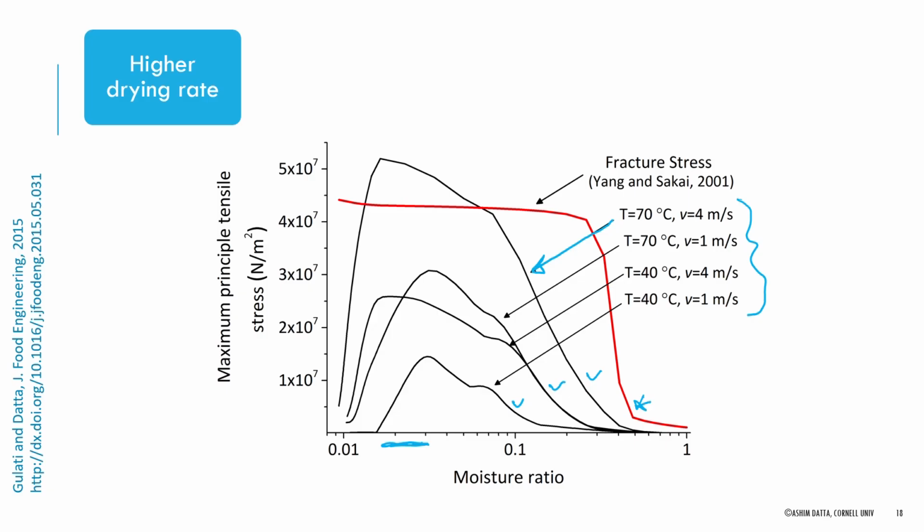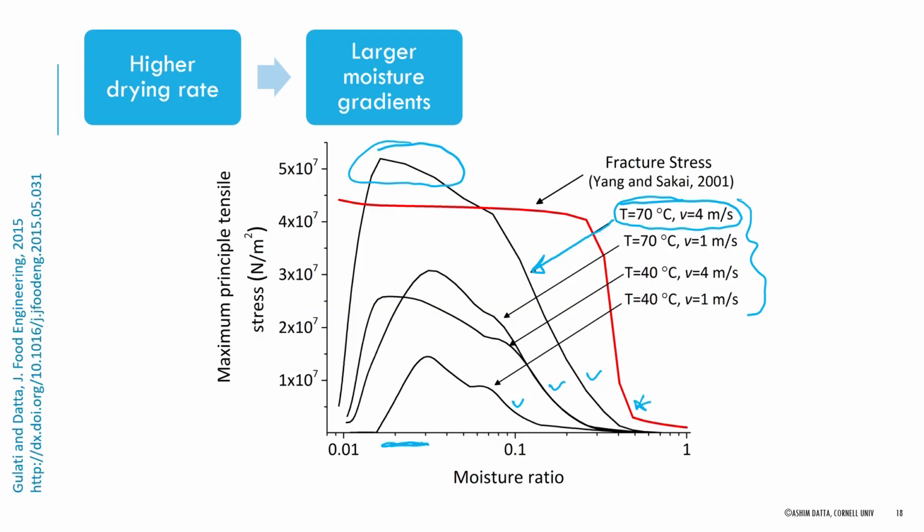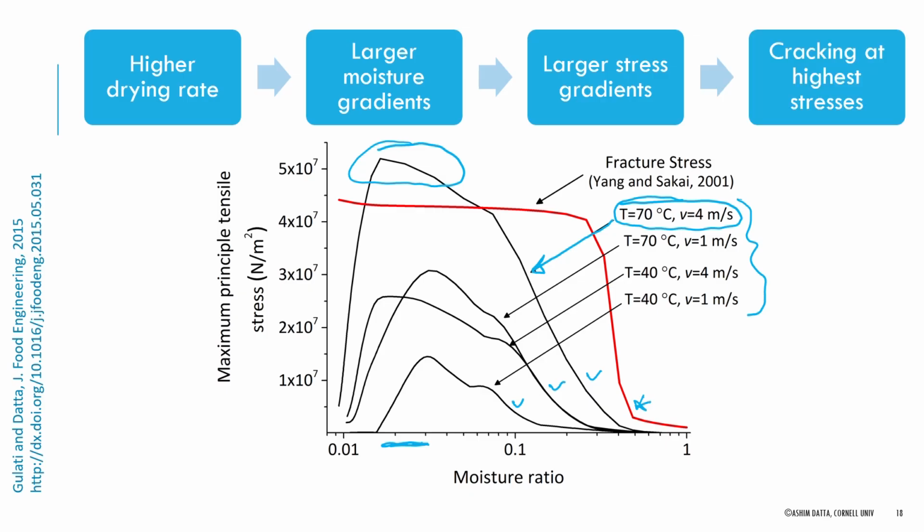So fastest drying, which is this condition, generates the largest stress. And if this stress in this region, for example, exceeds the fracture stress, then the material can crack. So to summarize then, higher drying rate leads to larger moisture gradient, and that leads to larger stress gradient and material cracking at the highest stresses.